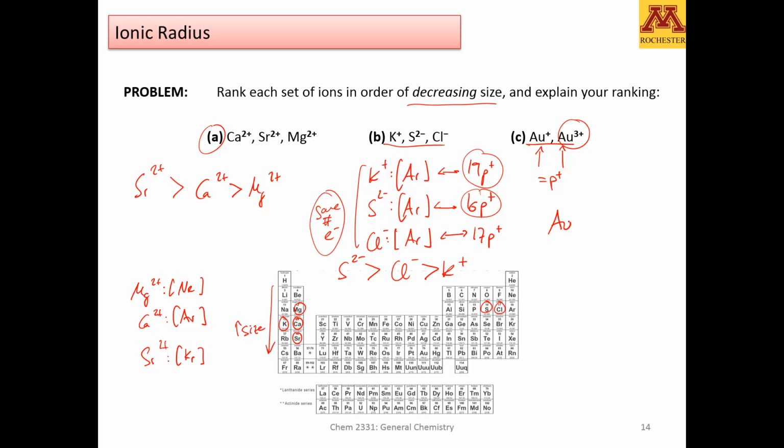This means that the size of gold 3 plus will be smaller than the size of gold plus, because they have the same number of protons, but that same number of protons can attract more closely if there are fewer electrons.